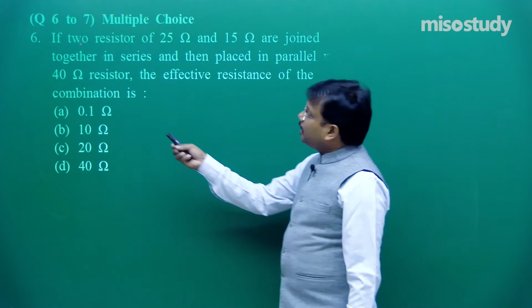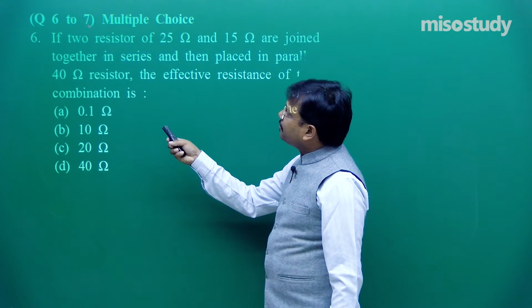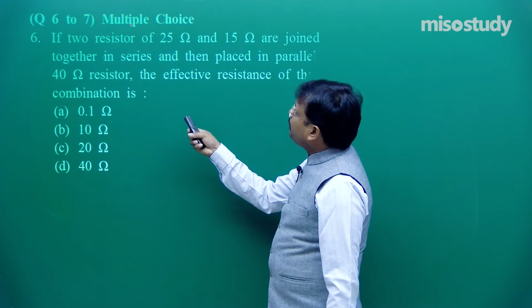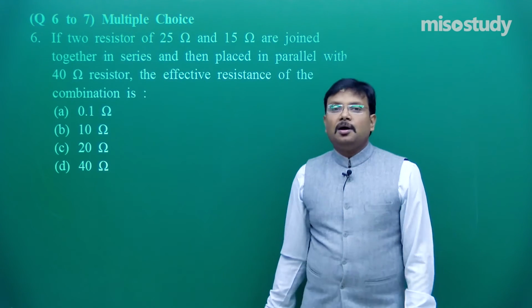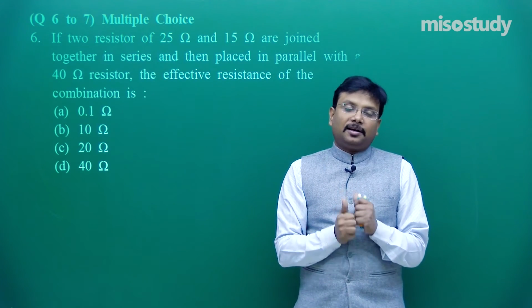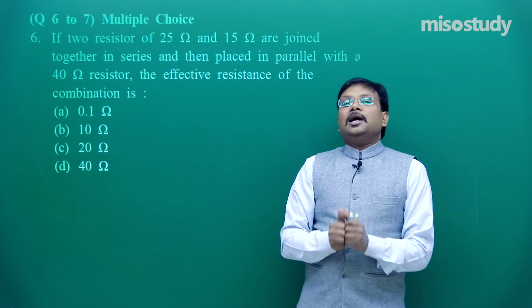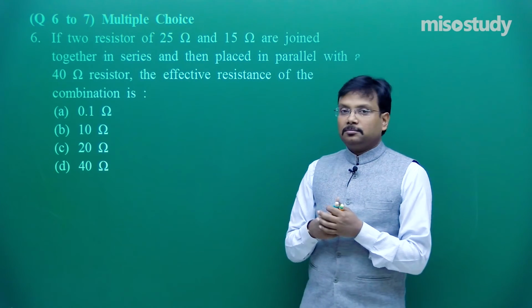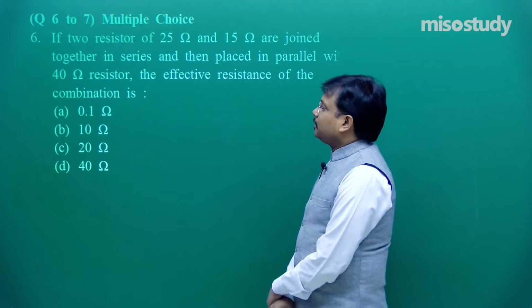Now, read the instruction, that is question number 6 to 7. 6 and 7 are multiple choice questions. Multiple choice means 4 options are given. Nowadays, all exams conducted for admissions to engineering and medical institutes offer their question papers in this format, fine.